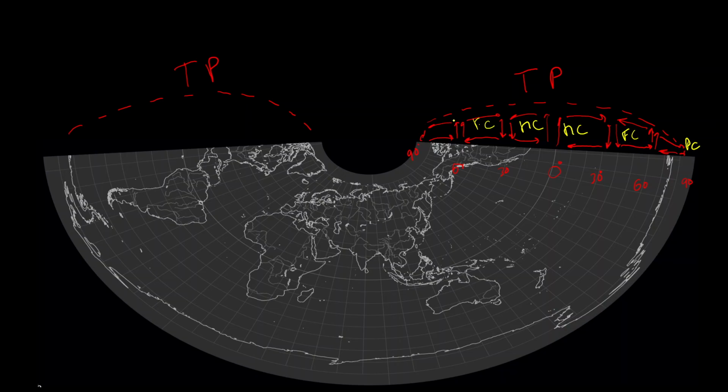Where the Hadley cell and the polar cell converge, this is one of the locations where the jet streams originate, and the second one is where the Ferrel cell and polar cells converge. This is the location where the jet streams originate.